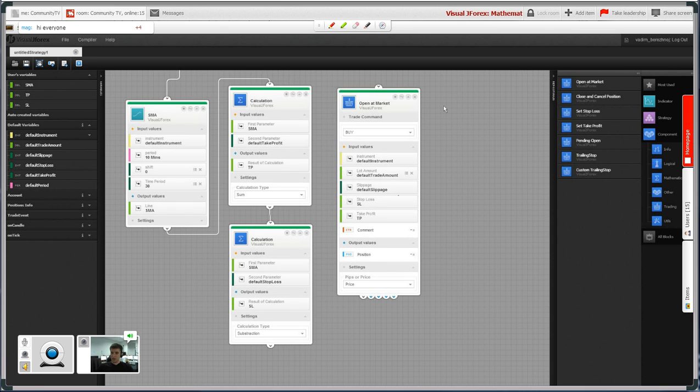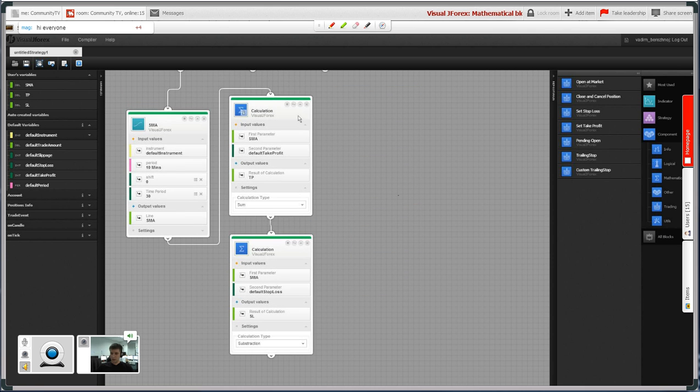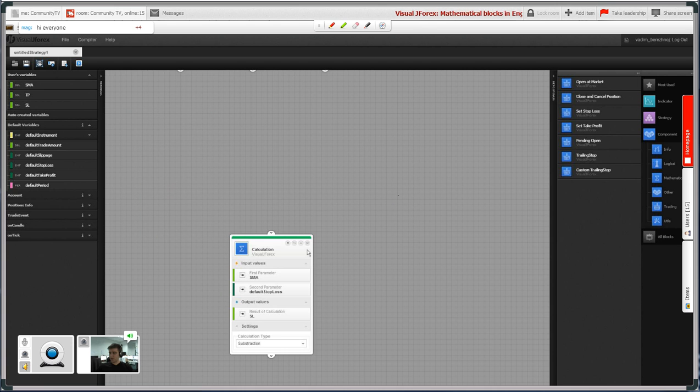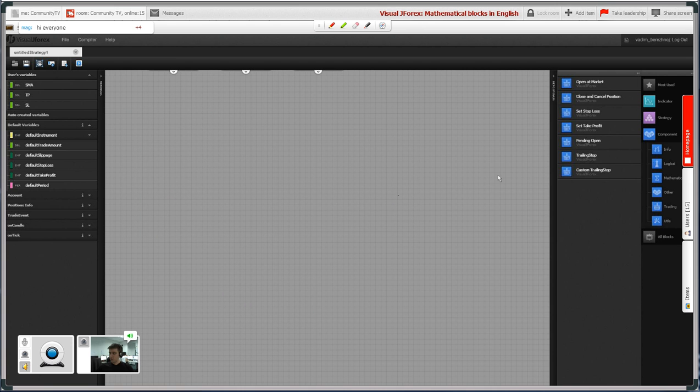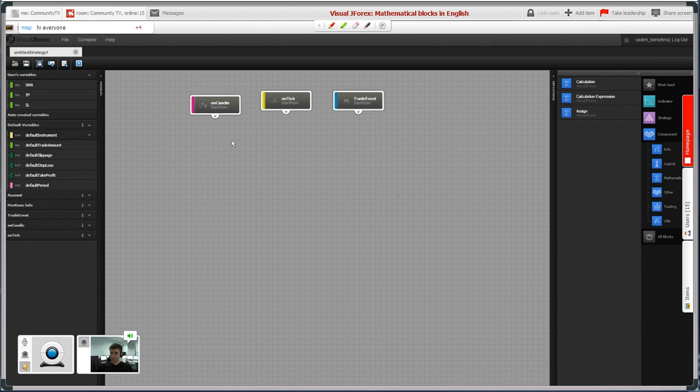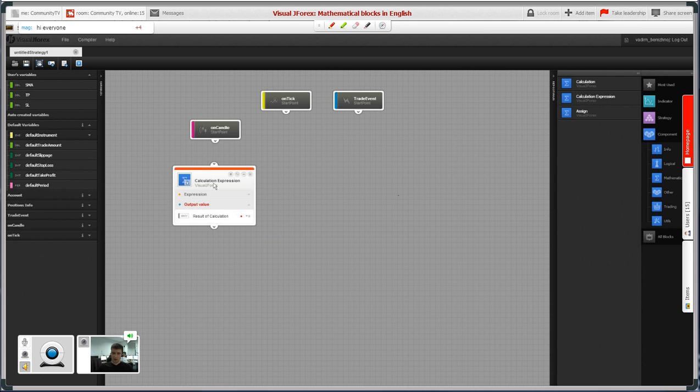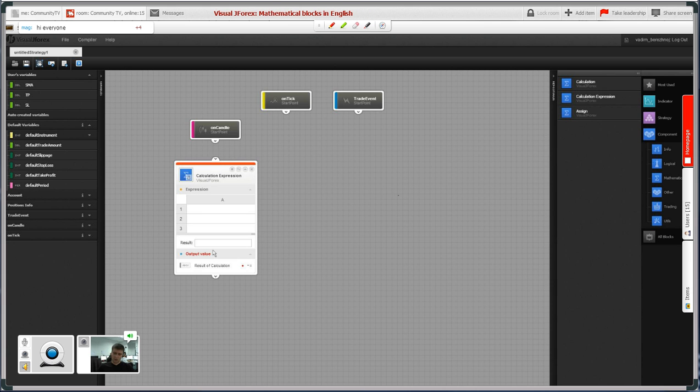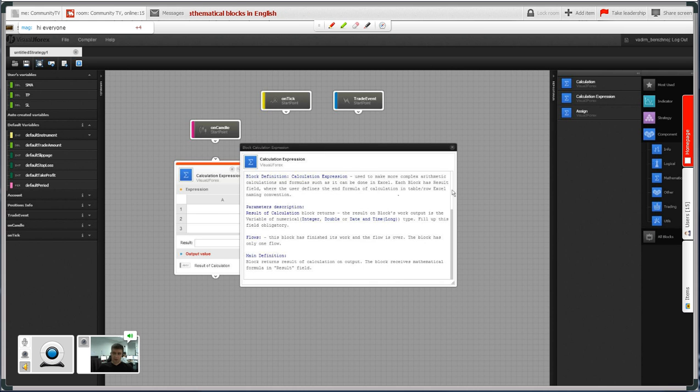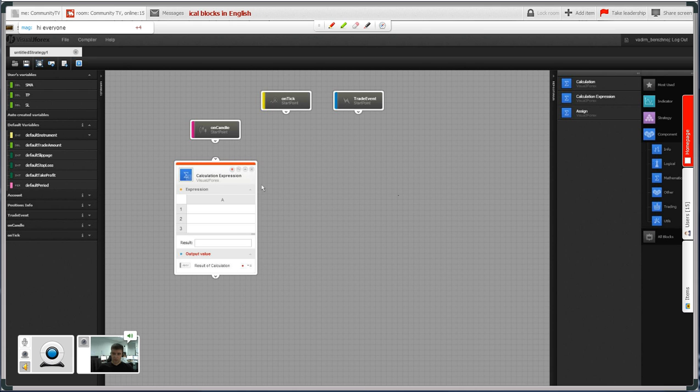Then the start of the calculation expression. That's where the fun starts. With calculation expression, we can do several calculations, several operations in one line. It uses the same logic as any programming, so we add some data in our fields.